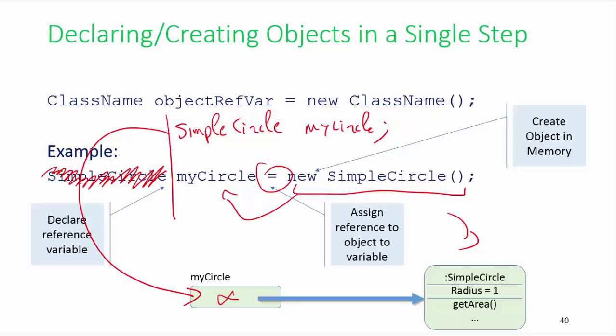Those two lines are exactly the same as what was originally on this slide. It's just a matter of programming style. If you have to create your object immediately when you declare your reference variable, then you would do it as originally shown on the slide. But sometimes you just have a bunch of reference variables that point to nothing, and then later on you assign new objects to them. So the two are syntactically correct and make sense. It depends on what you want to do.